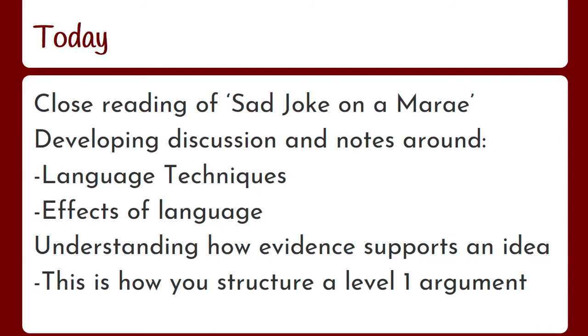So looking at the language techniques, the effects of that language, and understanding how those quotes support an idea or a theme or a message like cultural identity or cultural dislocation. And that's how you structure a level 1 argument, also known as a level 1 essay. So you're exploring how the language choices contribute to the understanding of the text as a whole.